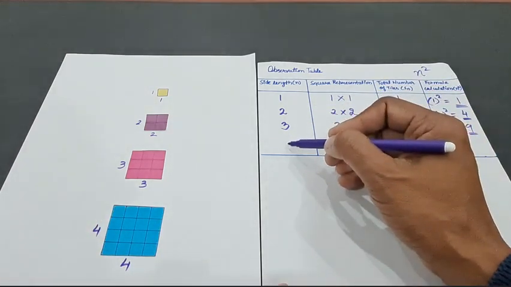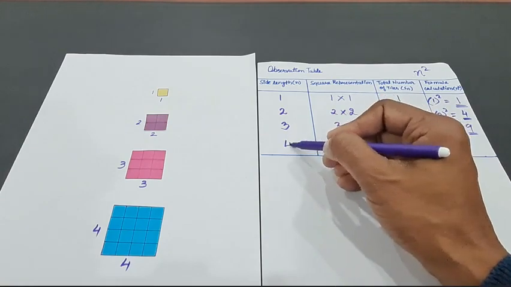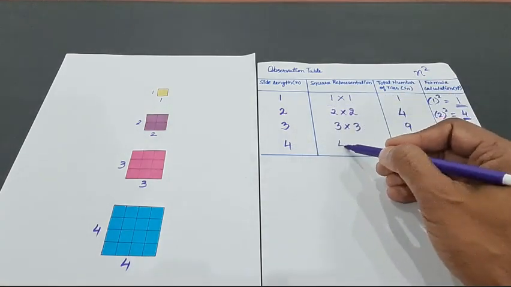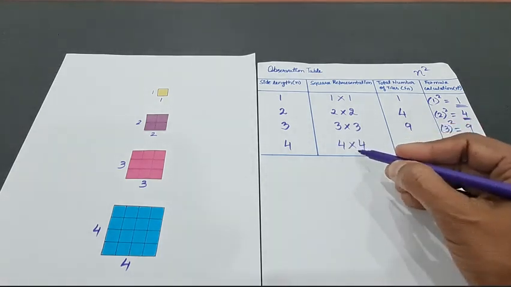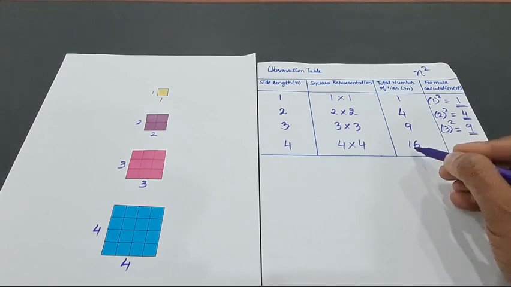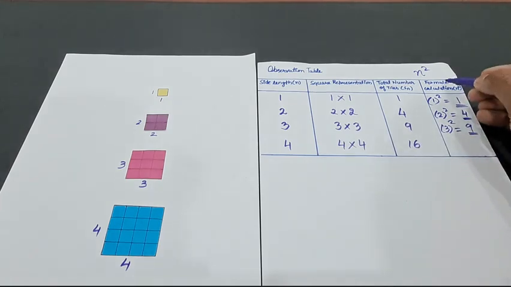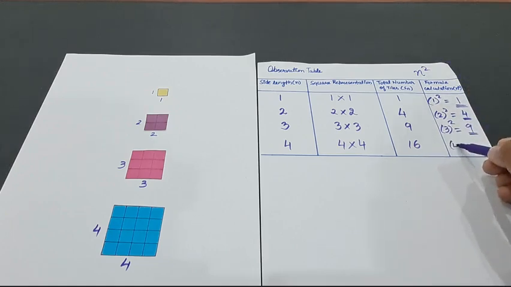Now let's fill the observation table. You have 4 here and this becomes 4 into 4, which is the square representation, and 4 into 4 is 16, which is the next square number. Using the formula n square, it will be 4 square, which is 16.